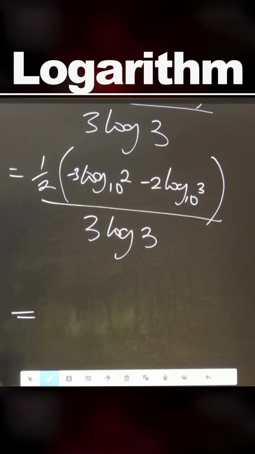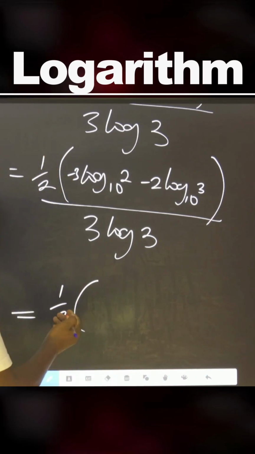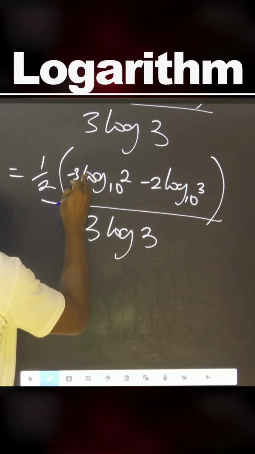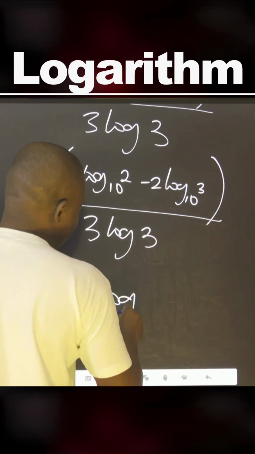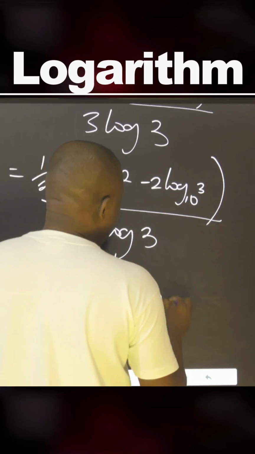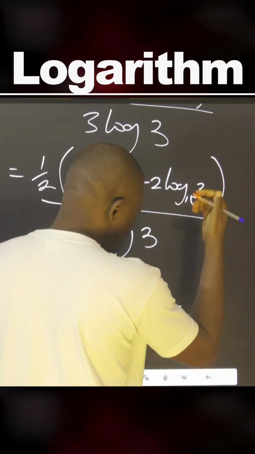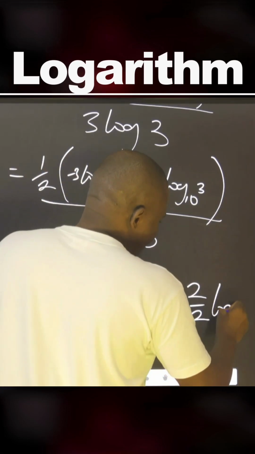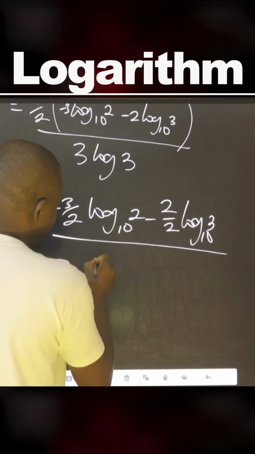Okay? 1 over 2, as you can see, I can expand this further to have this multiplied by this, minus 3 over 2, this is also 2 over 2, which is 1. I can decide not to put the 1. Let's just put it so that you see everything clearly.